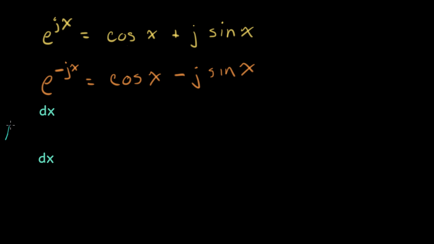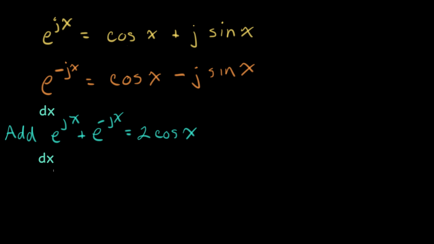So if I add, I'll get e to the jx plus e to the minus jx equals cosine doubles, 2 cosine x, and the two sine terms cancel out, right?